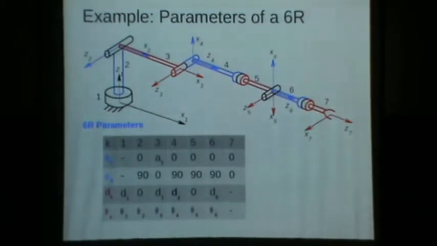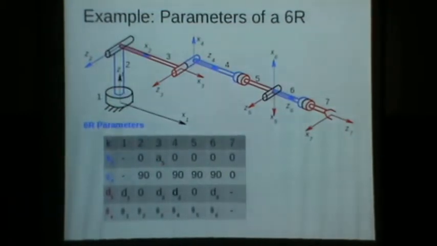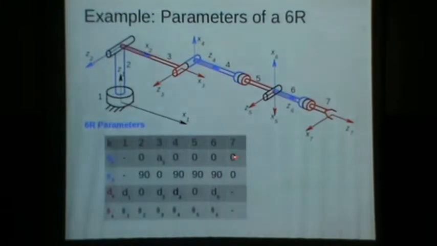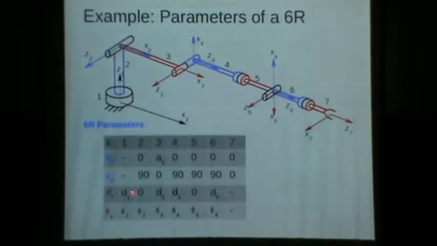Okay, there is just one length, that is A3 of link 3, which is non-zero, rest of them are zero. But that has to be taken along with the joint offset. Out of the 6 joint offsets, 2 are zero. There are 4 of them which are non-zero. Okay? So although many of the link lengths are zero, many of the joint offsets are non-zero.